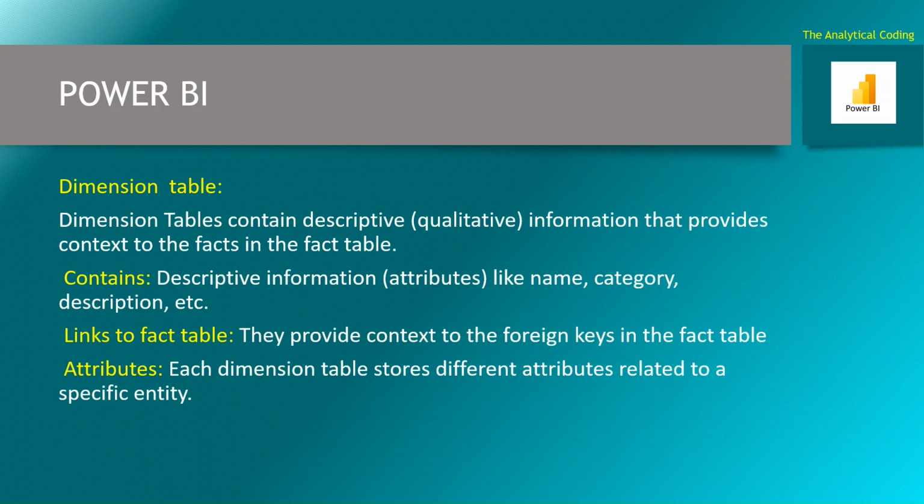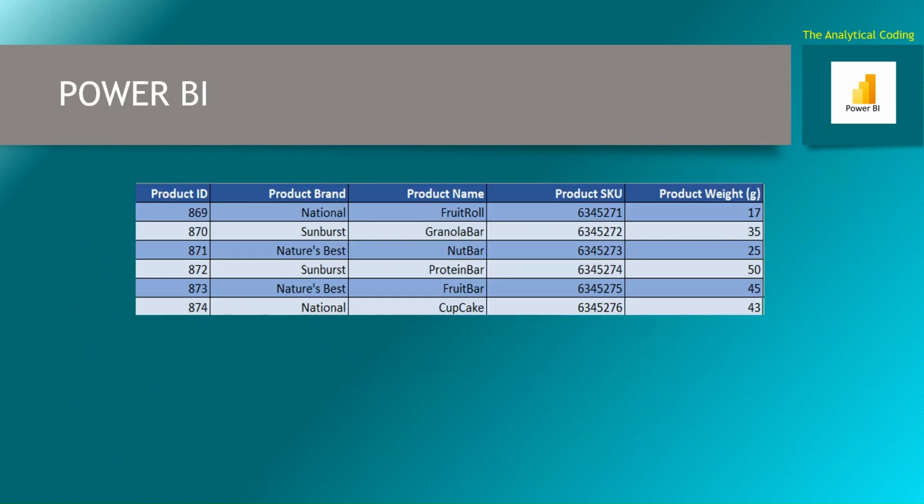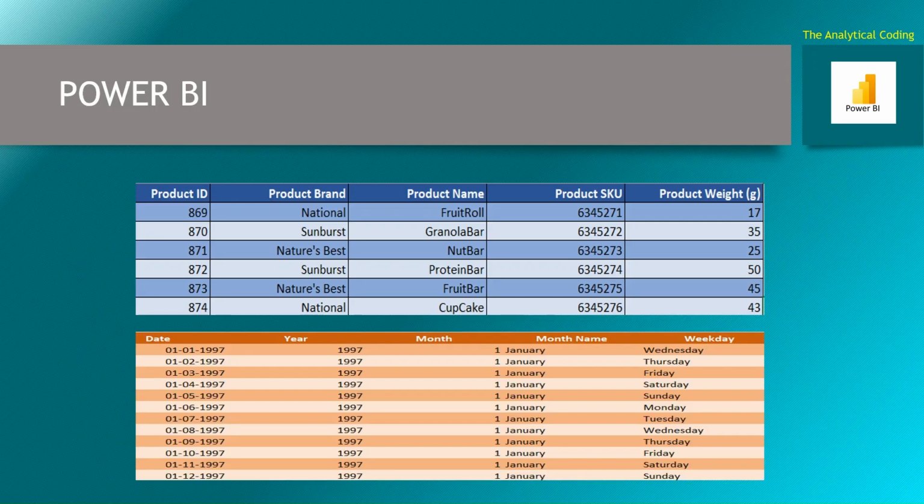We have seen the product table, which is a dimension table that stores information about products, whereas the calendar table stores information about a particular date. Dimension tables contain descriptive attributes which are used for filtering or grouping, so here we can use them for grouping or filtering purposes, right?